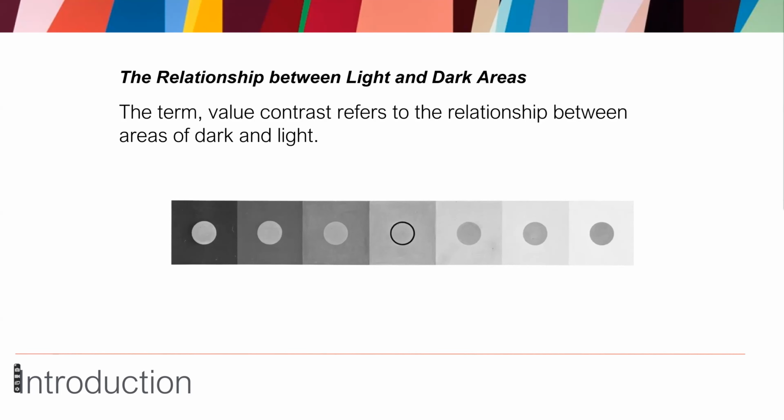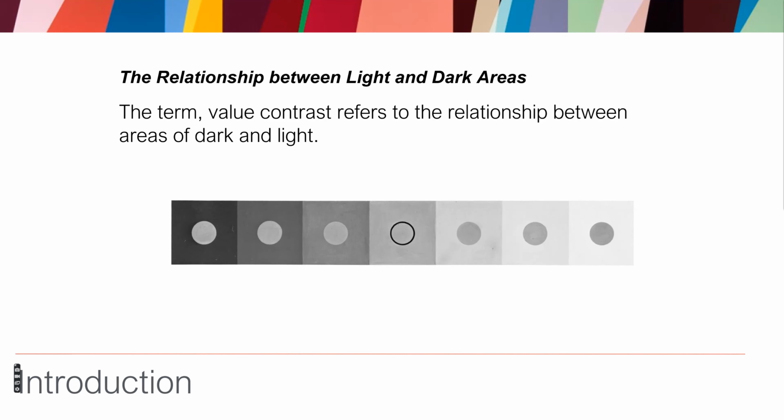The value scale on the slide shows how lightness and darkness within an image can create contrast or lack of contrast. The examples on the far right and left sides have the most contrast. The background is 100% black or 10% black, while the middle circle is 50% neutral. The circles pop from the background on both examples.